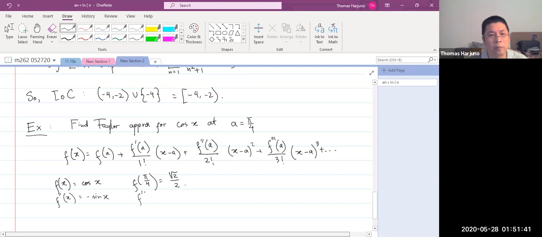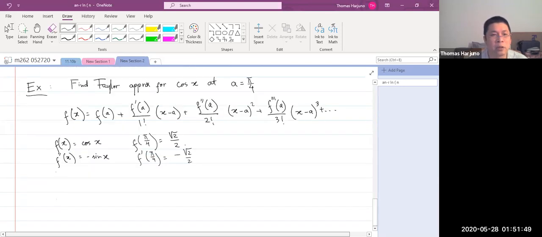So f prime(pi over 4) is negative radical 2 over 2. F double prime x is negative cosine x. F double prime of pi over 4 is negative radical 2 over 2. I need 6 terms, so up to the 5th derivative. Do you see some pattern here, by the way?